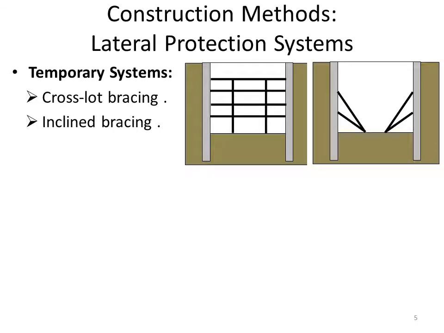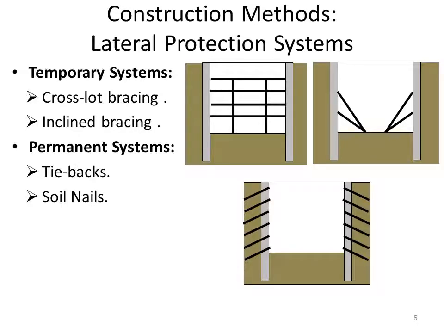So this is why for the bottom up system in specific, you will need side support systems. This could be done either using what we call cross lot bracing or the inclined bracing systems. This is if it is a temporary system. However, we have also a permanent system that could be tiebacks or soil nails.